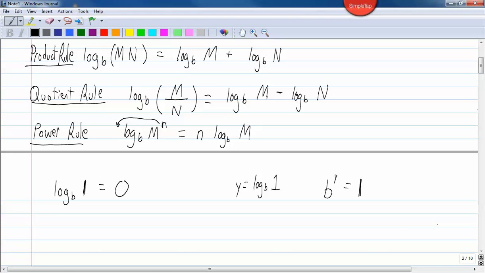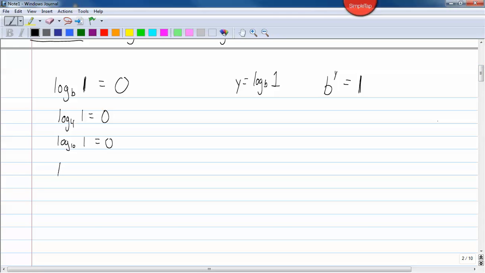So if that seems a little confusing, just remember, like log base 4 of 1 equals 0. Log base 10 of 1 equals 0. Log base e of 1 equals 0. So any of those evaluated at 1 will always give you a 0.